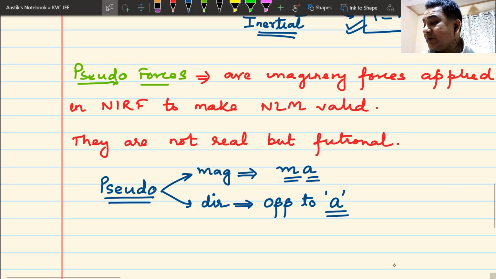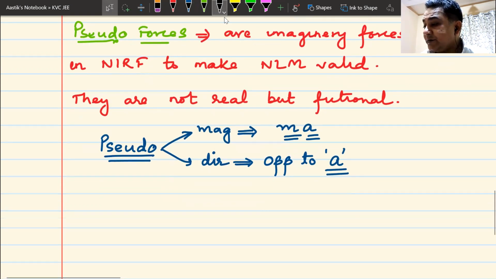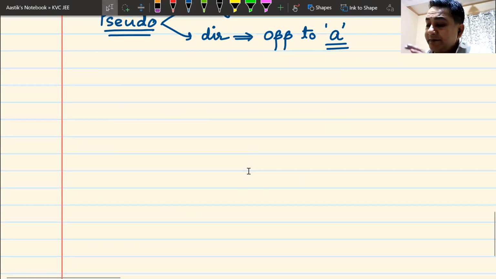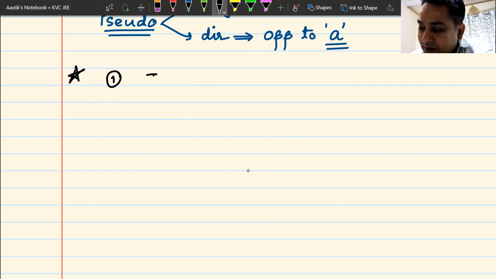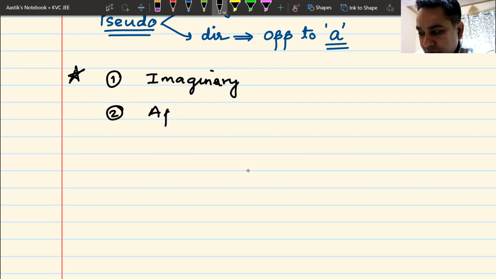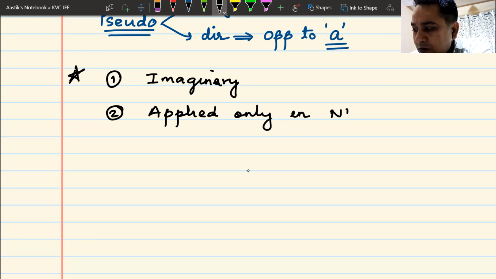Let us summarize all these points one by one. Number 1, these are not real forces; these are imaginary forces. Number 2, applied only in non-inertial reference frames.